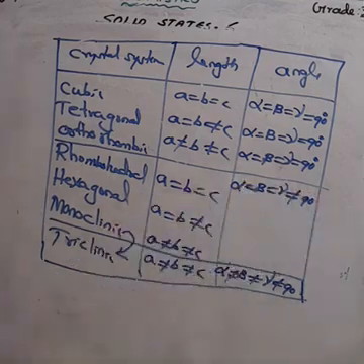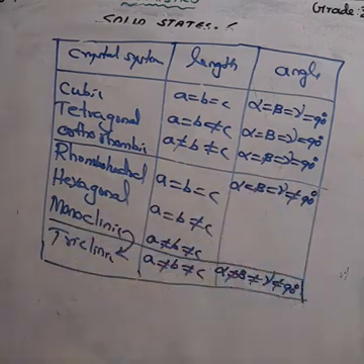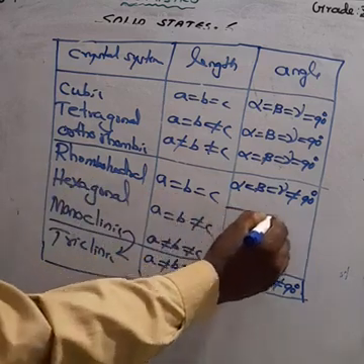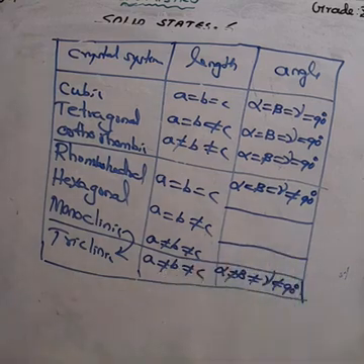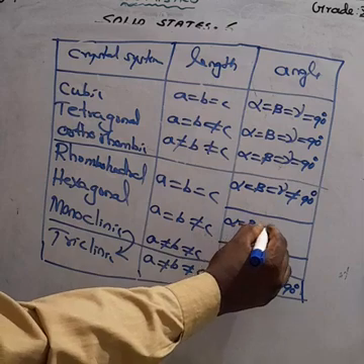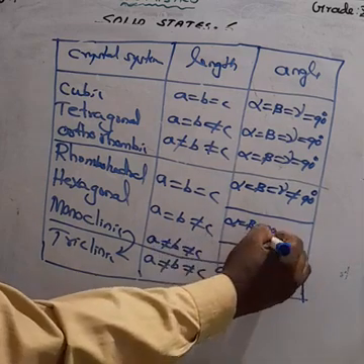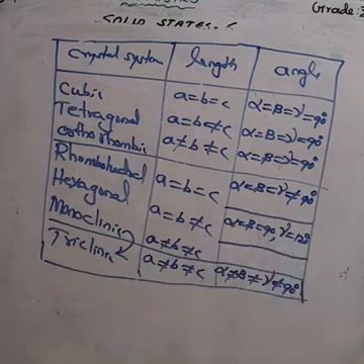So out of 7, 5 are over, remaining 2. Remaining 2 means a small change here, that is the fifth and sixth. Alpha is equal to beta, that is equal to 90 degree. Then gamma is equal to 120 degree.